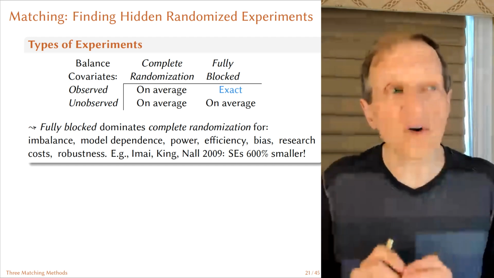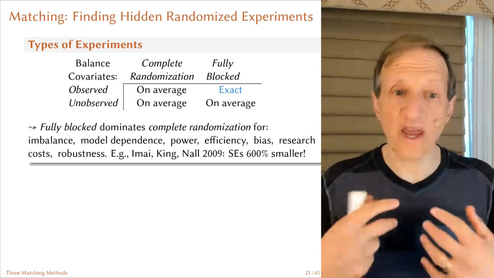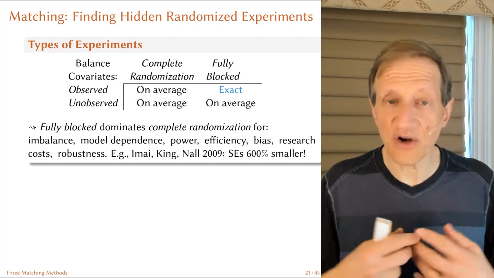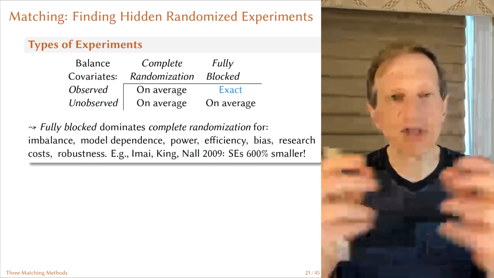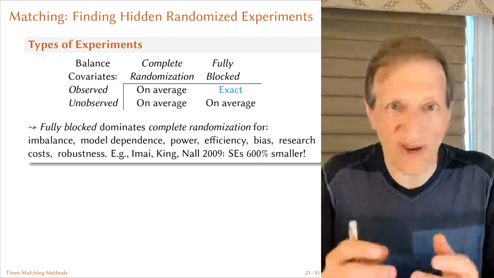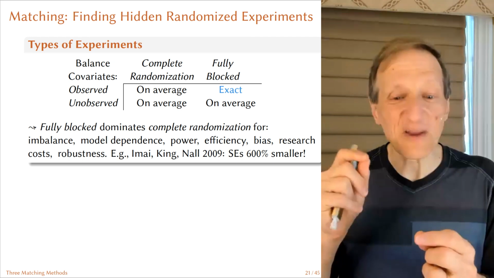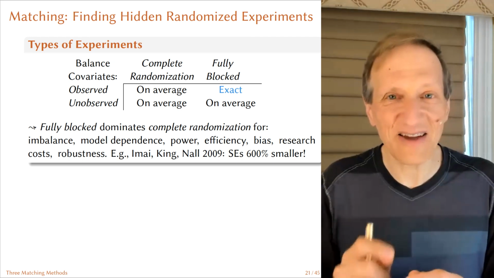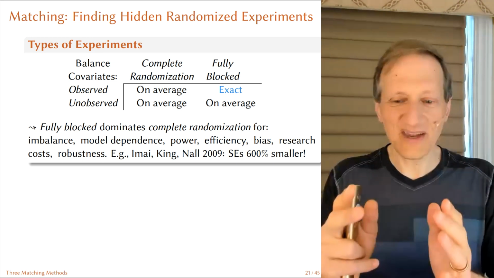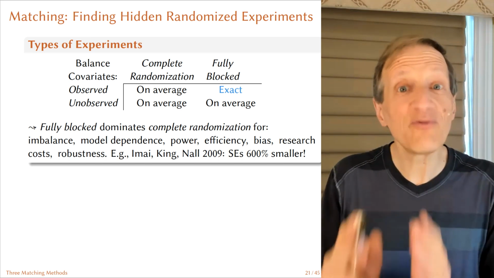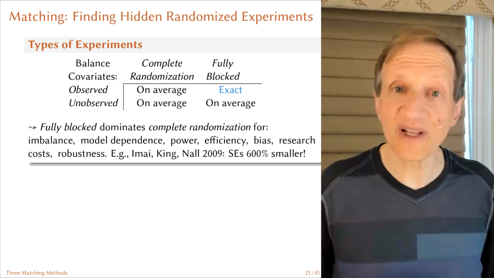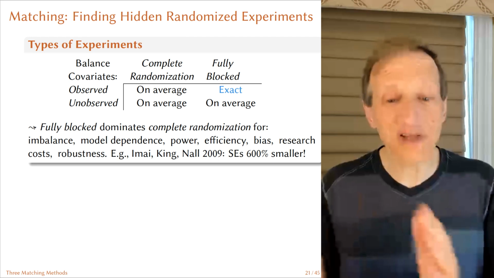And then also, of course, when I ran the experiment in Mexico, we could estimate the size of the standard errors, right? Because that was the whole point of it, right? But in addition, what Kosuke and Clayton and I figured out was how big the standard errors would have been if we had run complete randomization. And so then we could compare the two.